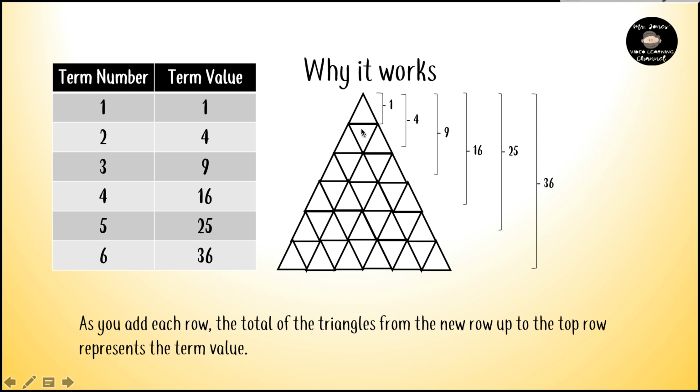So there are 4 triangles when you add rows 1 and 2 together. When we add rows 3, 2, and 1 together, we get 9, which is our third term, and so on and so forth. When we add rows 4 on up, we get 16. So as you add each row, the total of the triangles from the new row up to the top row represents the term value.